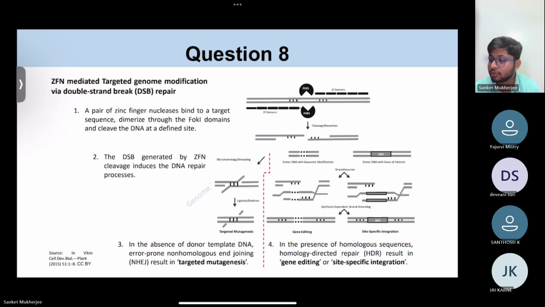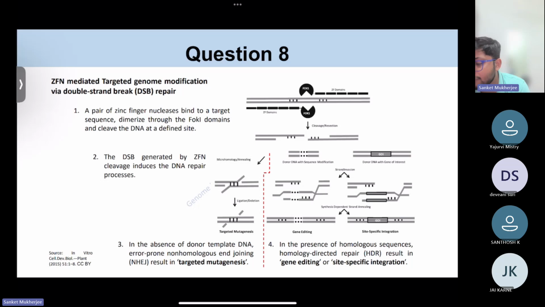Let me see this. So this is the zinc finger nuclease mediated targeted genome repair. A pair of zinc finger nucleases that bind to the sequence dimerize through the FokI domain and cleave the DNA at a defined site. Then the DSB generated by zinc finger cleavage induces the DNA repair process.